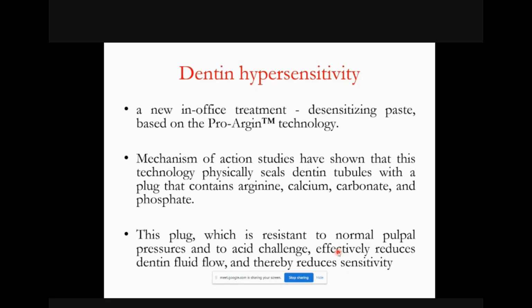This plug contains arginine, calcium carbonate, and phosphate. This plug protects from any kind of stimuli entering, and it is resistant to normal pulpal pressures and to acid, and dentinal fluid flow can be controlled or reduced because of this seal, and that's how the sensitivity is reduced.